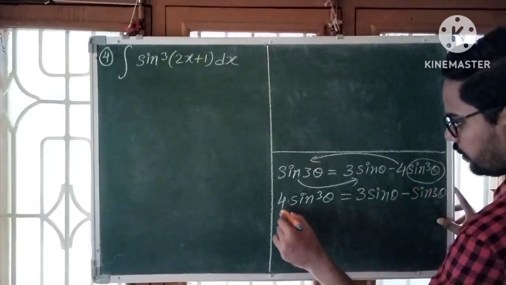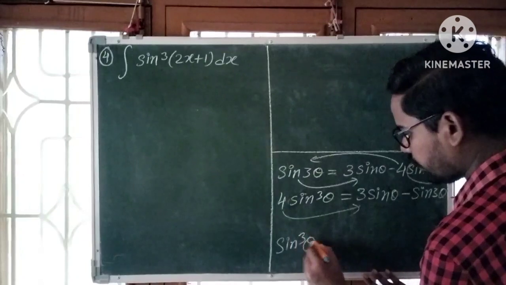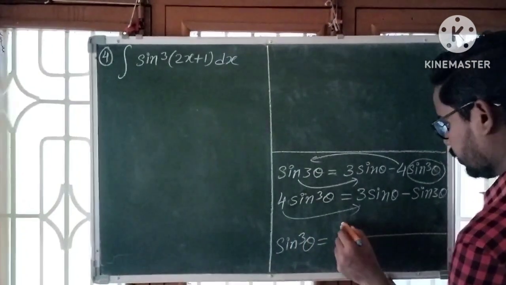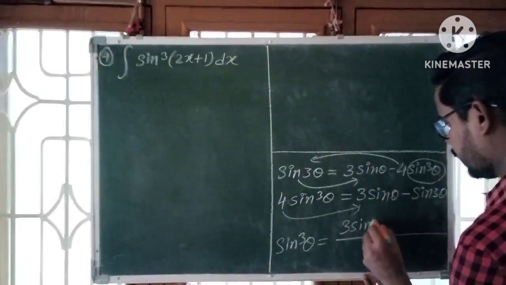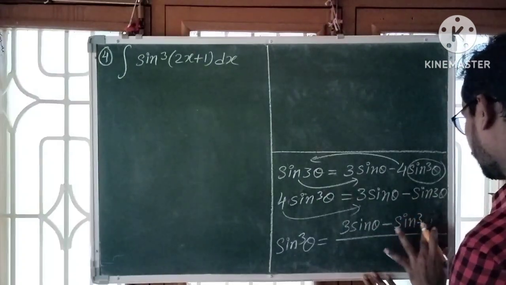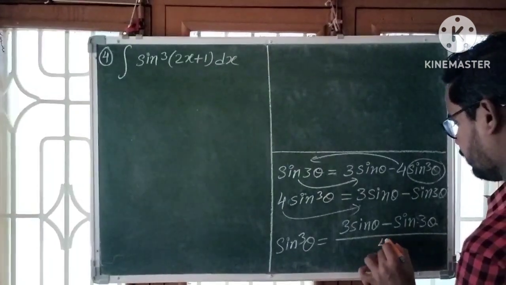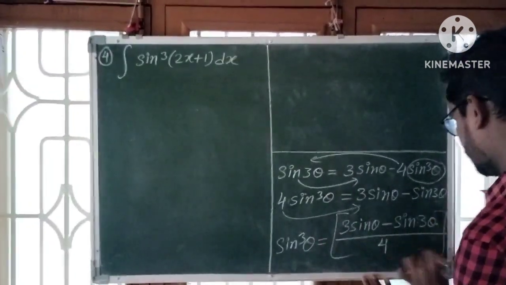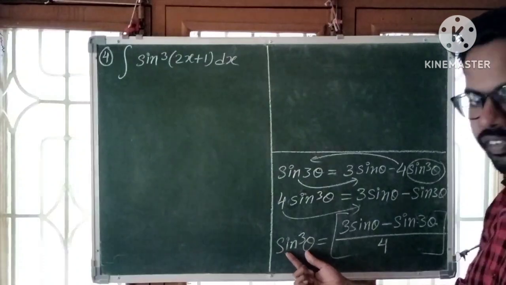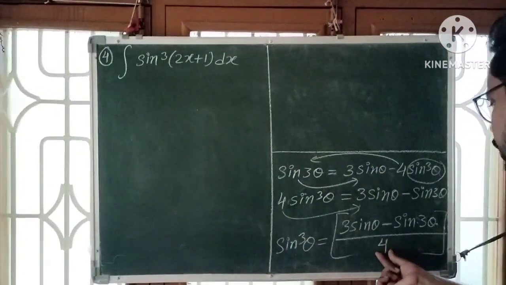So 4 sine cube theta equals 3 sine theta minus sine 3 theta, so sine cube theta equals (3 sine theta minus sine 3 theta) by 4. This is our new formula.